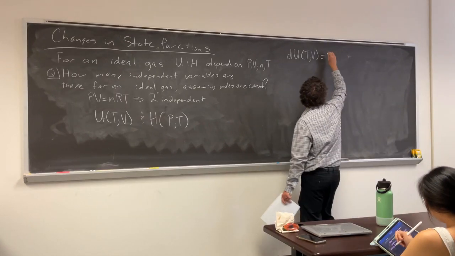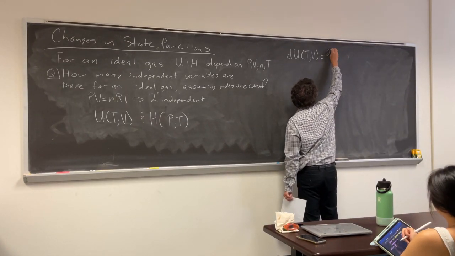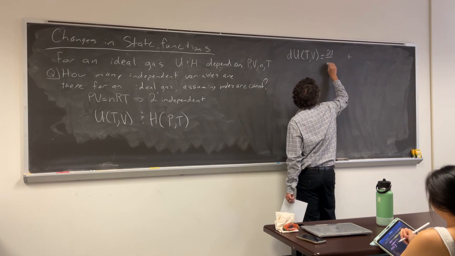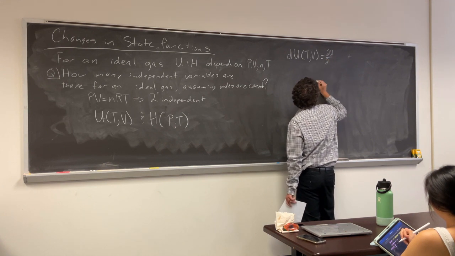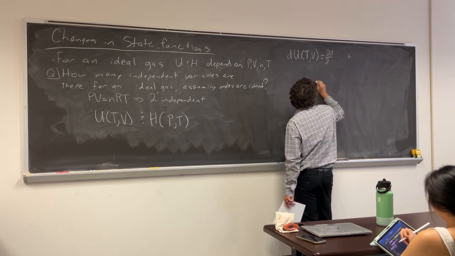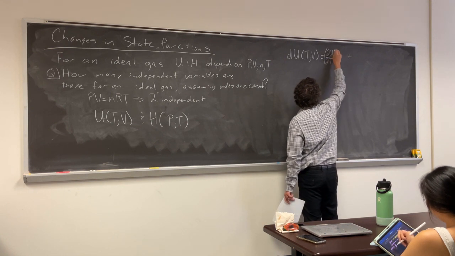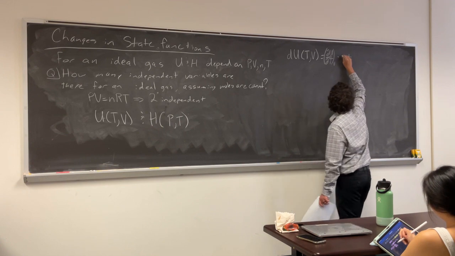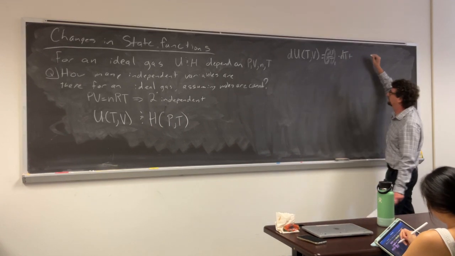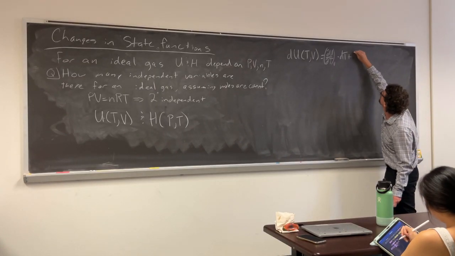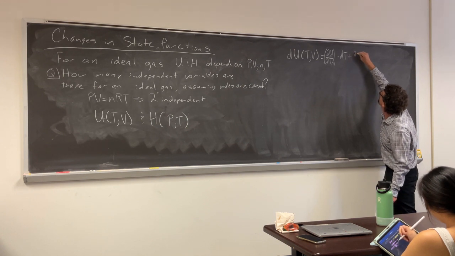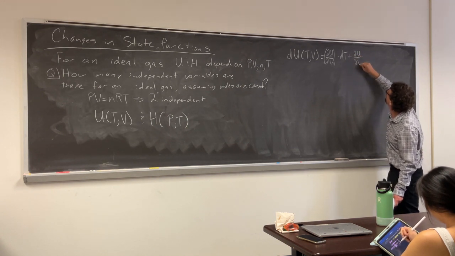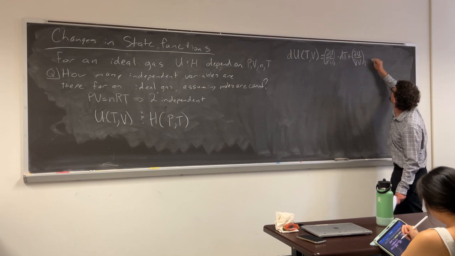What's this differential going to look like? Change in U over change in what? Sure. Keeping what constant? Yep. Times what else? Yep. What about the second portion of this? Yep.